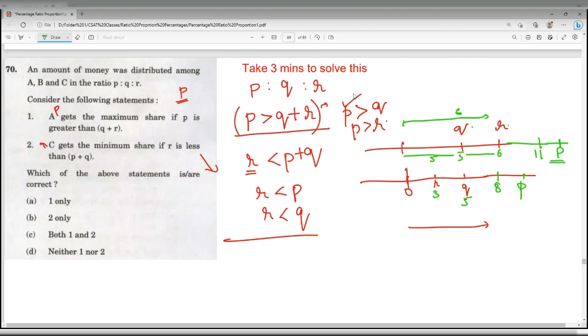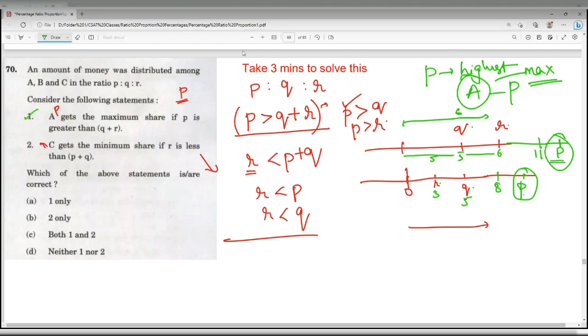Again from this figure, P is greater than Q and also R. So from these two cases, since P is greater than R and greater than Q, P is the highest number, and so P, or A, will get the maximum share. So this is correct.